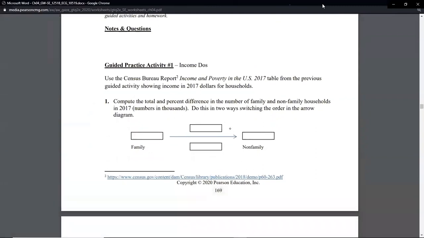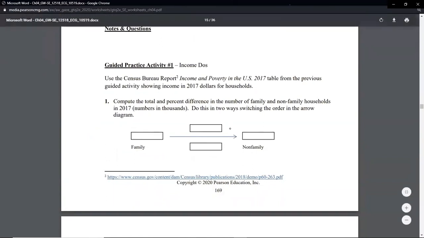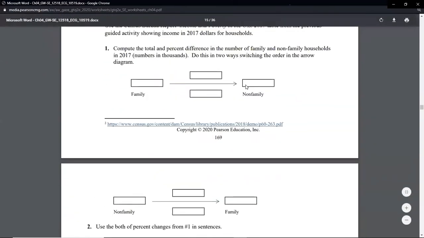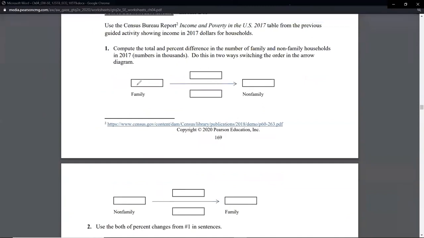So they do this two ways. The first way they ask us to do this with the family being the old. So the family number, let me see if I can get this on the screen all at once. Perfect. So the family number was the 83,088. Now remember, this is really in thousands. There's really 3 more zeros after all that, but we don't have to write it.